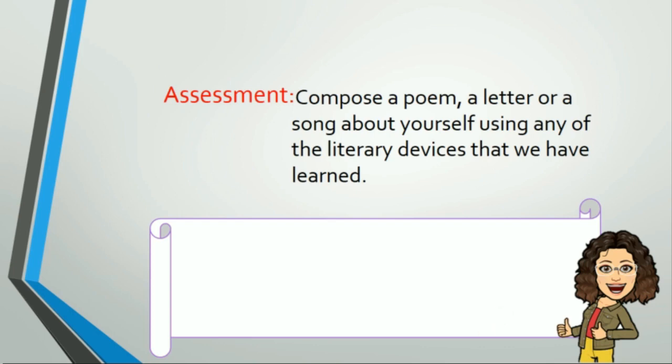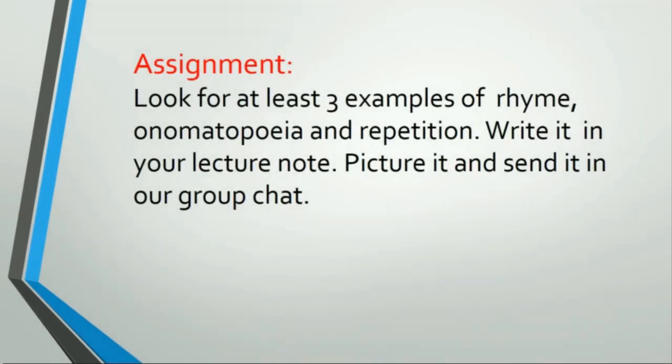And for the last slide, what you have to do is to look for at least 3 examples of rhyme, 3 examples of onomatopoeia, and 3 examples of repetition. So all in all, you will be giving me like 15, right? 3, 6, 9, 12, 15. Yeah.